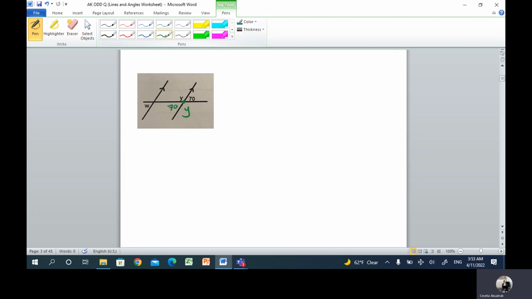So we're going to say y plus 70 plus y plus 70 is equal to 360 degrees. Collect like terms, y plus y is 2y, plus 140 is equal to 360.